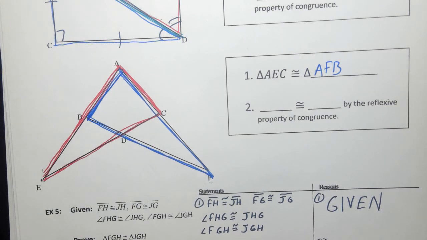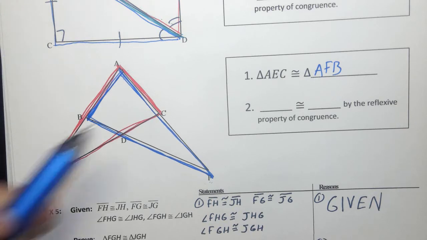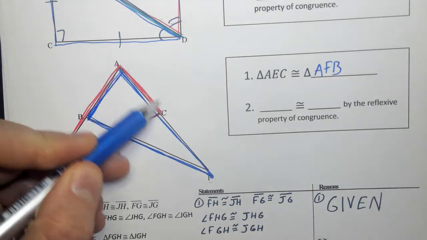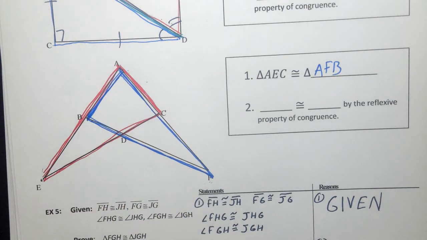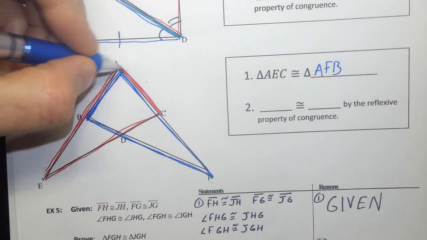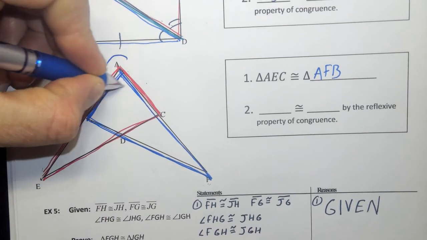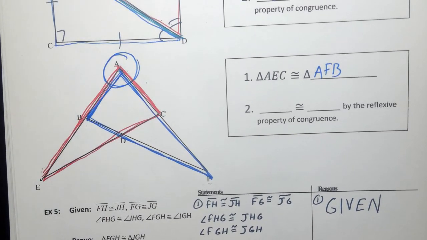Okay, now let's talk about the reflexive part. If you're looking at this picture right here, I want you to notice that they have overlapping segments, but some of the segment portions are short and some of them are long. So the segments are not overlapping in the exact type of way. The part that I want to focus on more, though, is this angle right here. This angle is marked in both blue and red, which means that is the angle that I am most interested in.